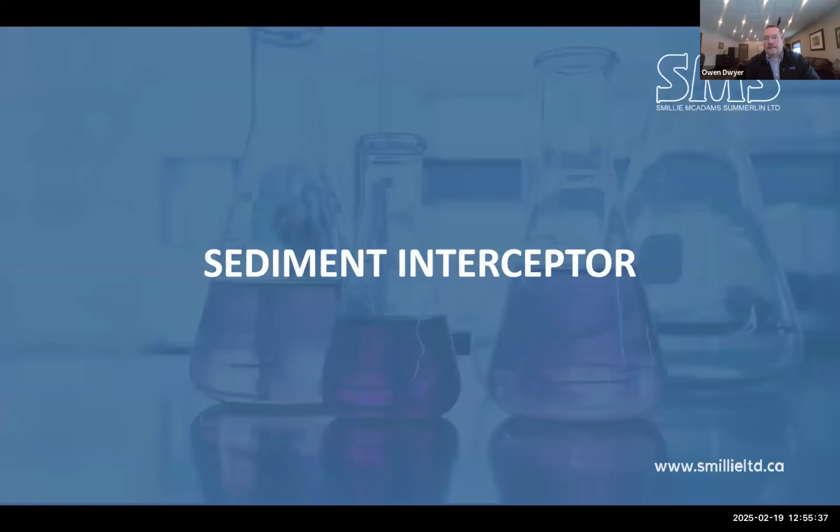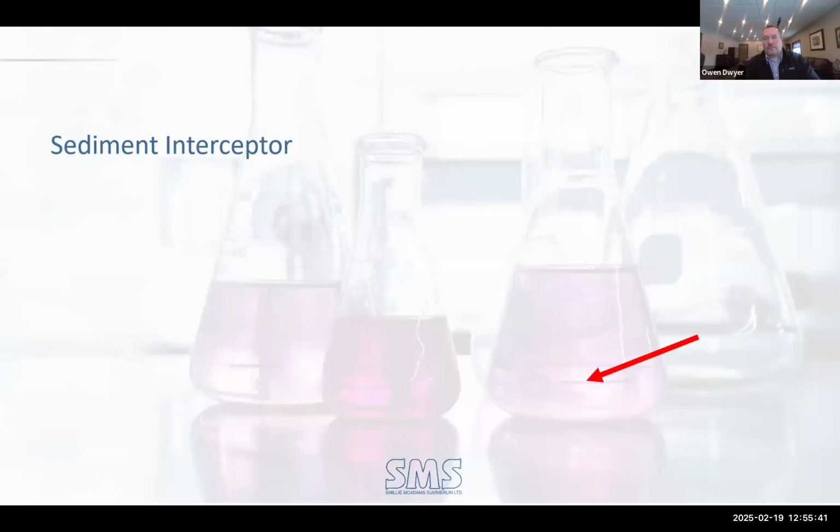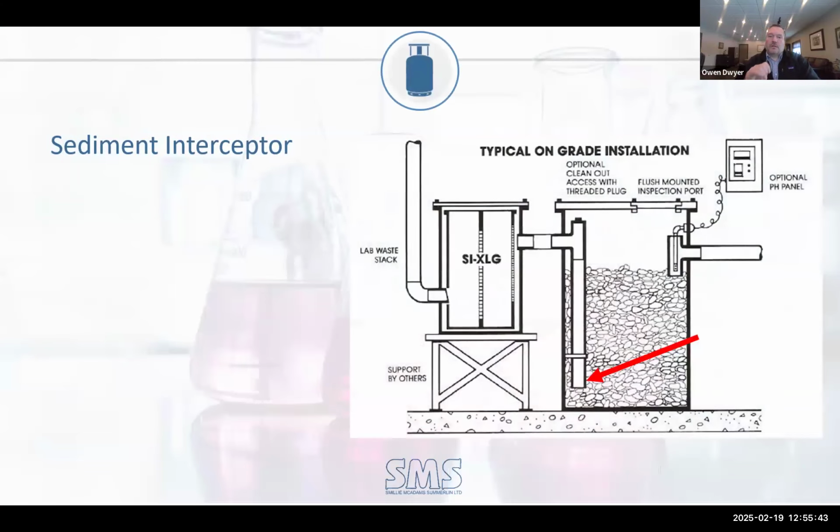So sediment interceptors, I just want to touch really quickly on them, whether they're above grade or flush with floor. The intent of that device is to protect this dip tube. This dip tube is required for all gravity-fed neutralization systems, because it prevents laminar flow. Instead of it coming in and going straight out, you have to force the liquid through that limestone for the prescribed amount of time.